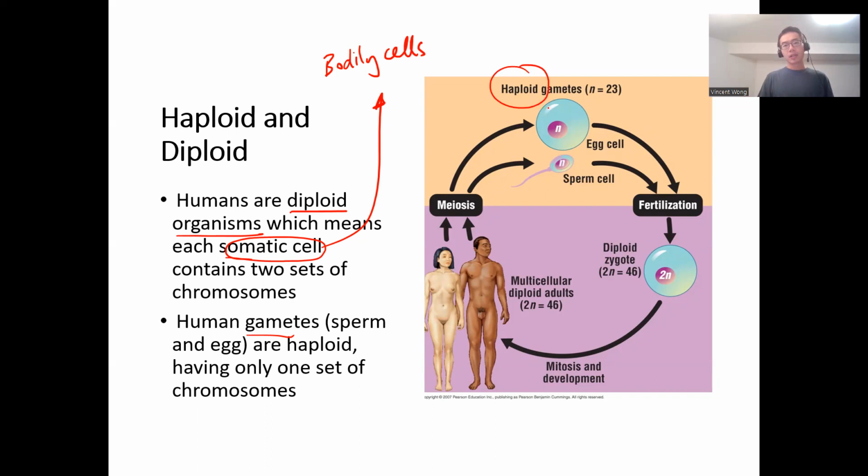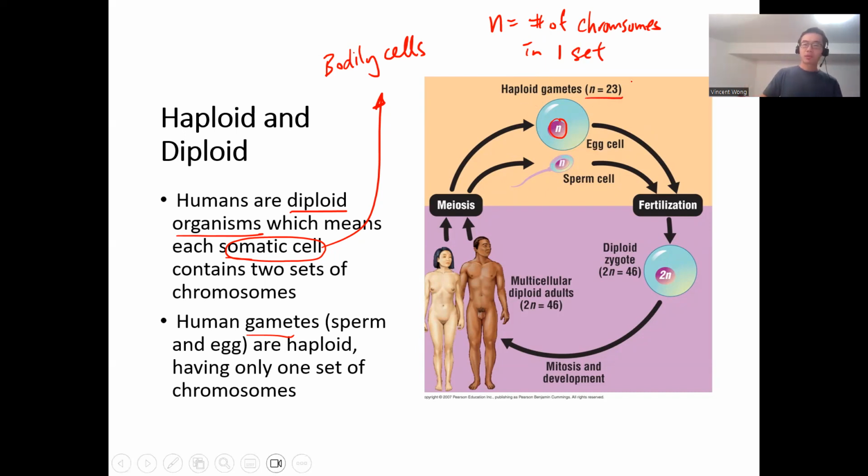Okay, so here we have a haploid egg, which we just write the letter N. N is the number of chromosomes in one set. Okay, so for humans, N is 23. So if you take 23, they fertilize each other, and you end up having a 2N, a diploid cell. A diploid cell, 46 now. Okay.